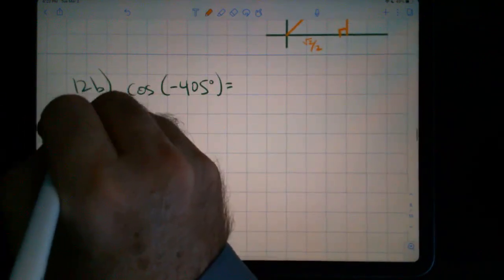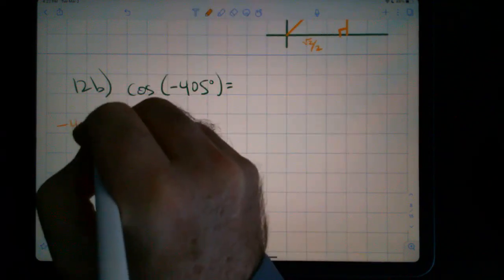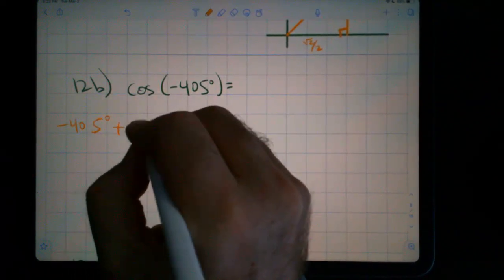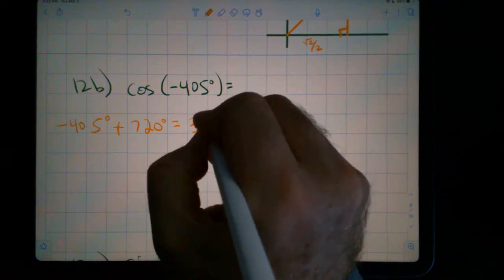Cosine of negative 405. Let's add 720 degrees to this. I get 315.